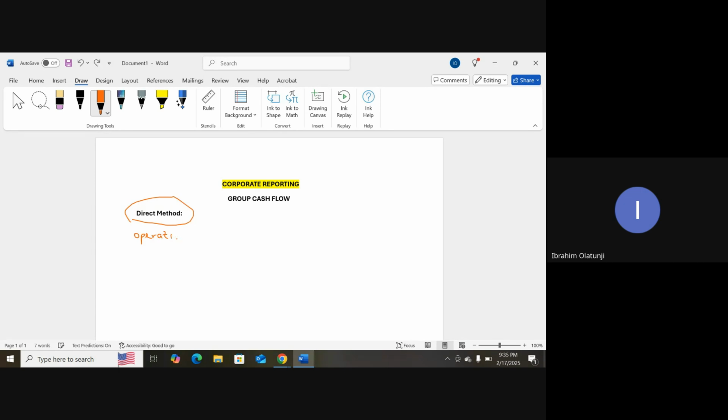Because I told you that what differentiates the two methods is the operating activities. Under your direct method, you must bear four things in mind.